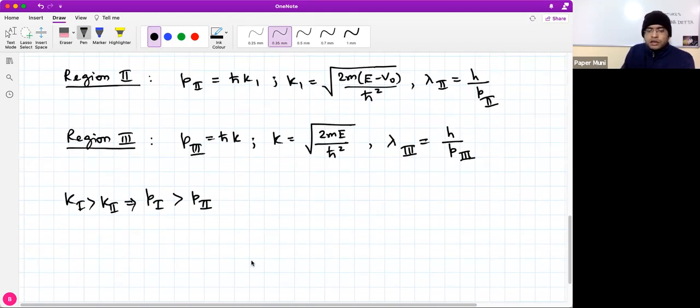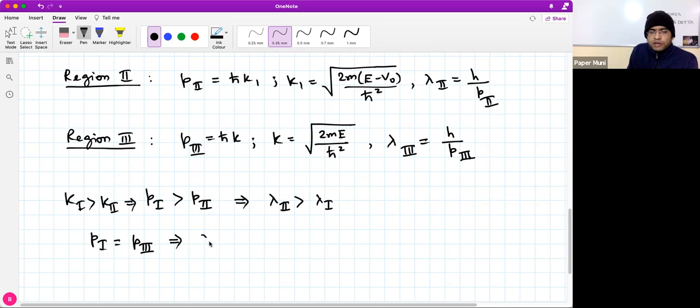From this we can also say that the de Broglie wavelengths are inversely proportional to the momentum. So this implies that the wavelength in region 2 will be greater than the wavelength in region 1. And from the momentum equations, we can see that p1 and p3 are equal, which implies lambda 1 and lambda 3 are equal.